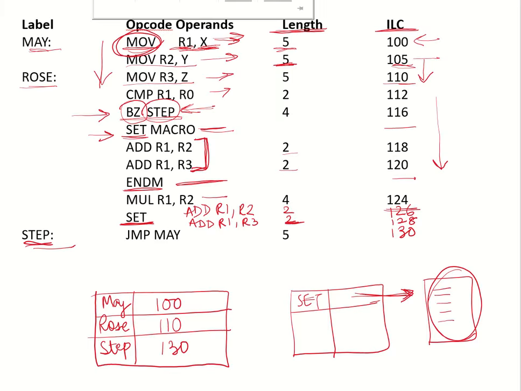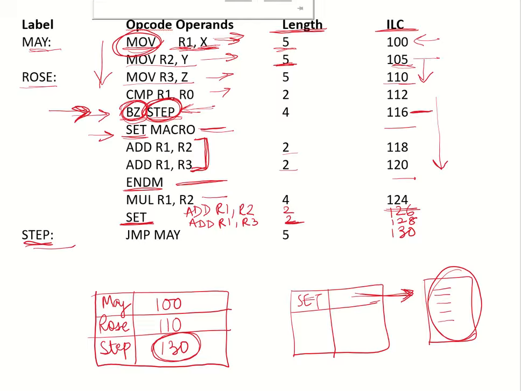When it comes to the branch instruction over here, BZ will be converted into its binary, and for step it is going to check what is the value of the step, that is 130. The current value is 116.